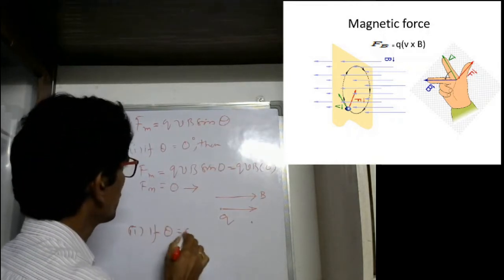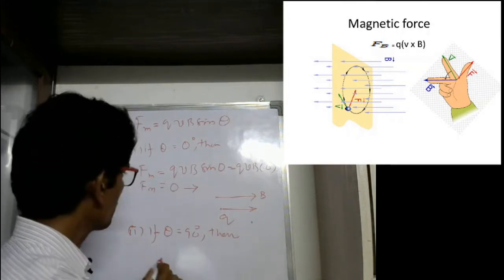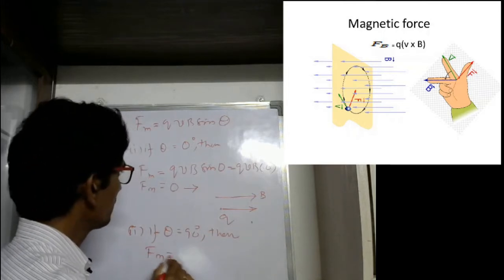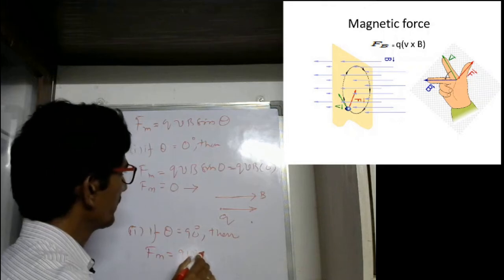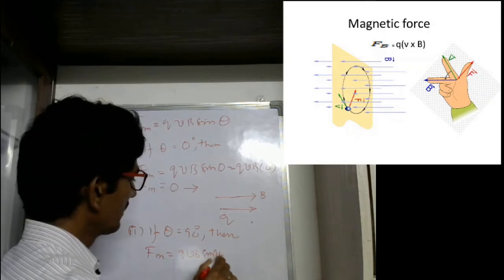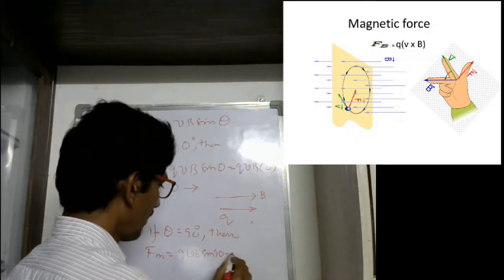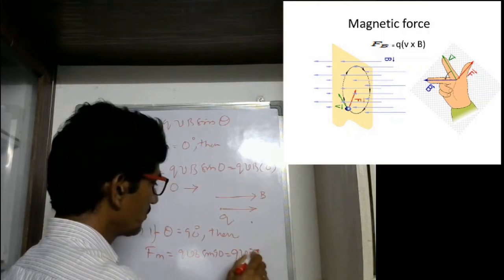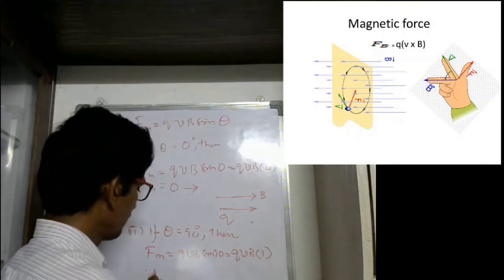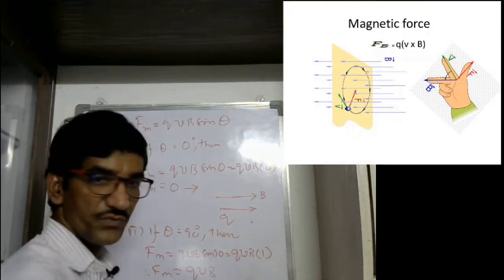If theta is equal to 90 degrees, then F_m is equal to QVB sin 90. Since sin 90 is 1, F_m is just QVB.